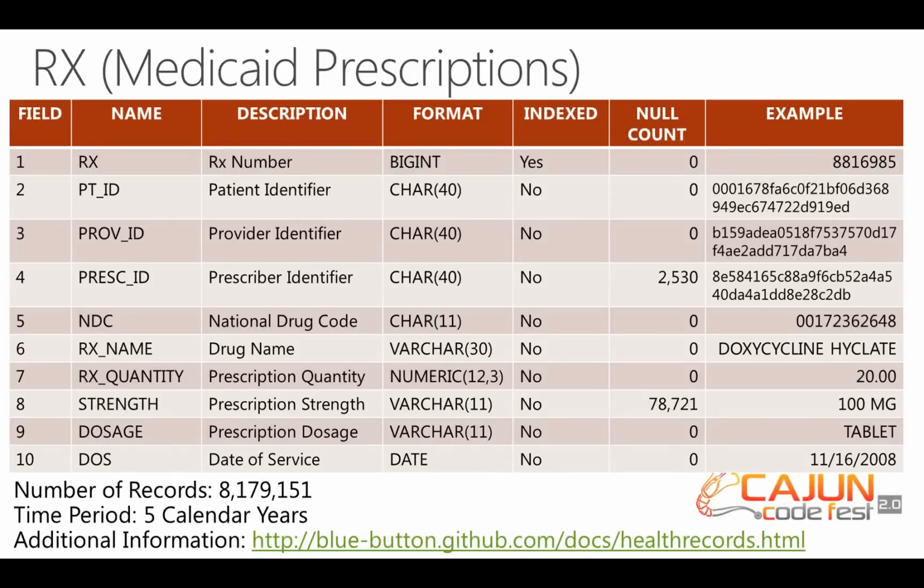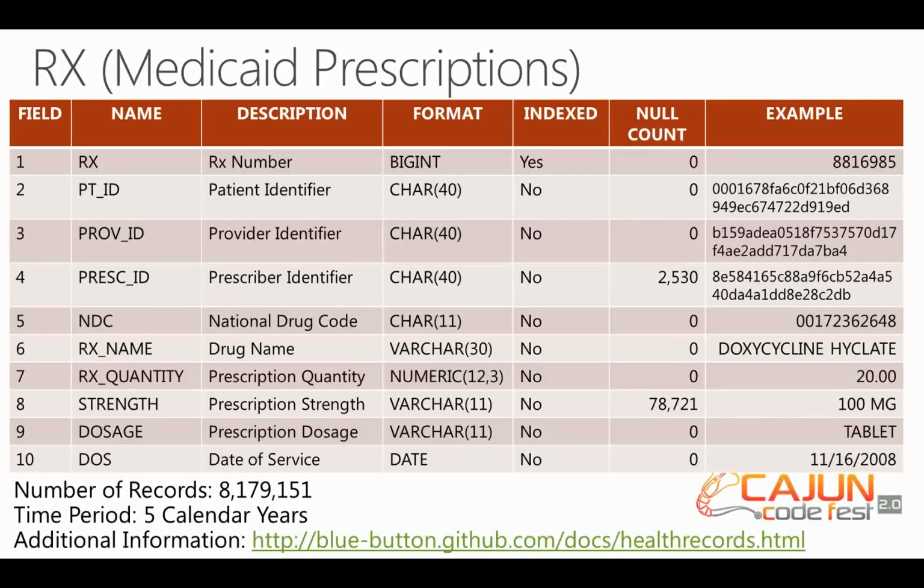So for this patient, 20 tablets of doxycycline were administered at a strength of 100 milligrams, and the dosage was in tablet form. In the data dictionary, we'll show the various dosages that would be available in this data set.